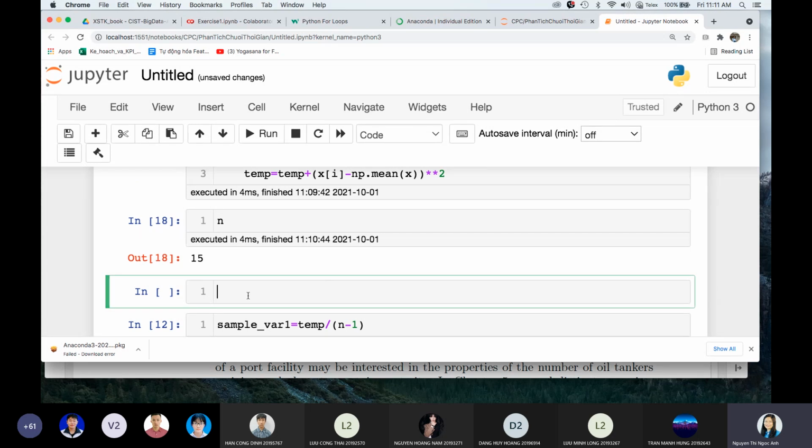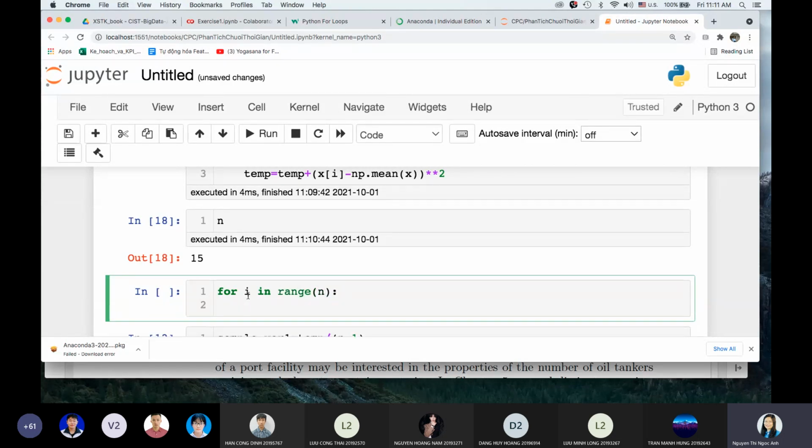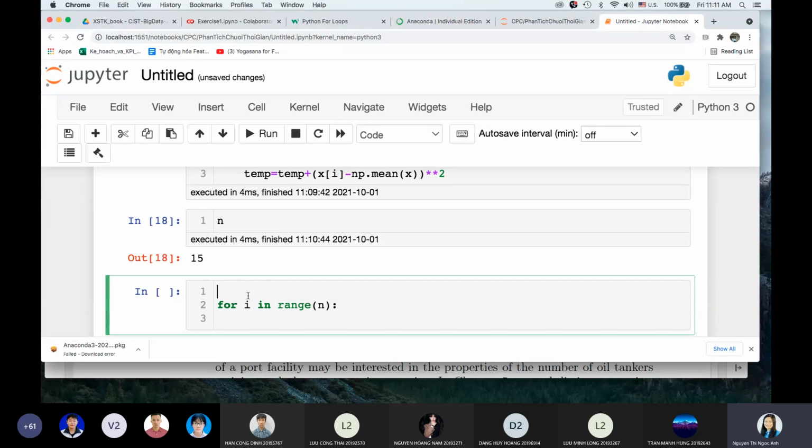And you know that I want to find the mean. The sample mean is, for i in range n, I use the temp variable, temp equals temp plus x_i, right?